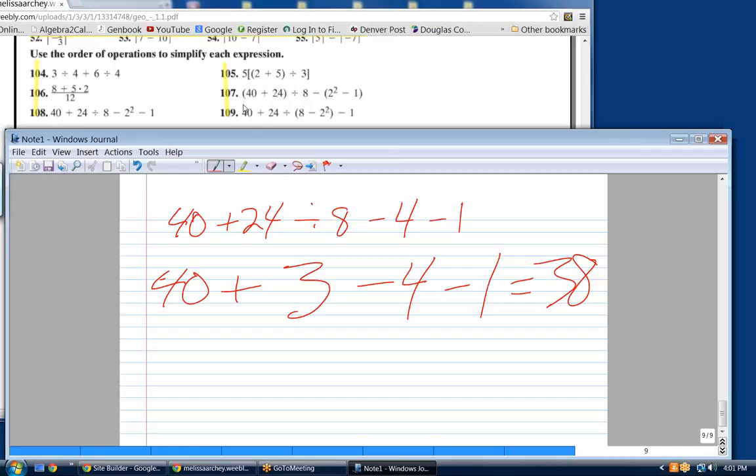Okay, 109 is real similar to 108, only it's got a couple differences to it. So what's the first thing I'm going to do? The parentheses, so 8 minus 4. I did the calculation.